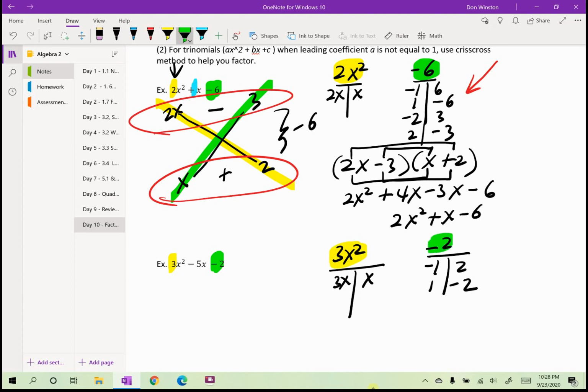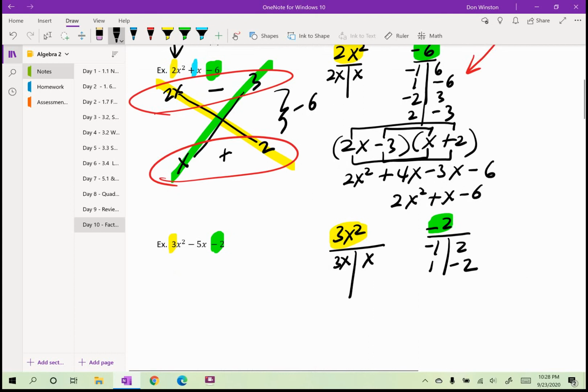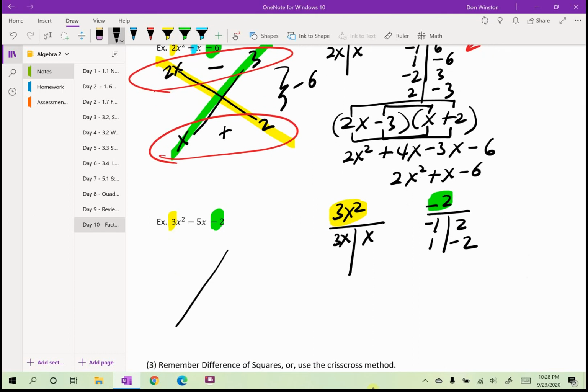So again, we do our crisscross here. On the left, our factors are for 3x squared, 3x and x. Now I need to multiply 3x by a number, and then add that product to x times a number. But I want a negative 5. So I'm looking at this table here. What can I use?